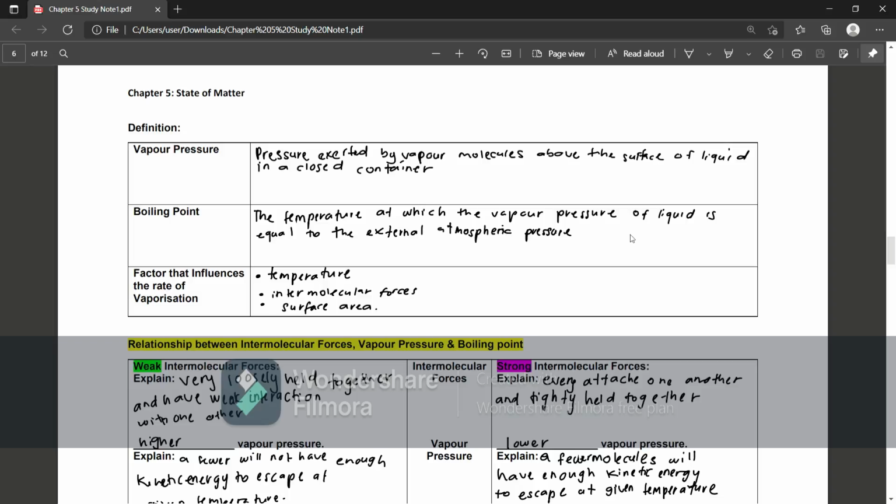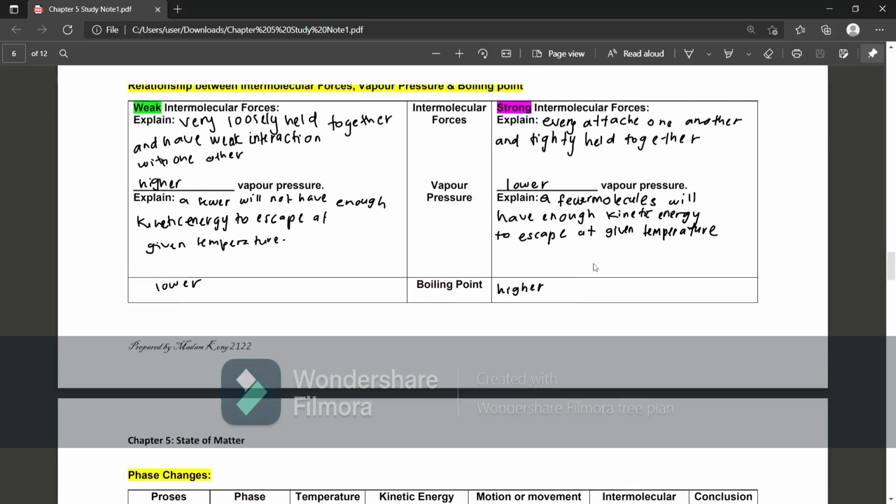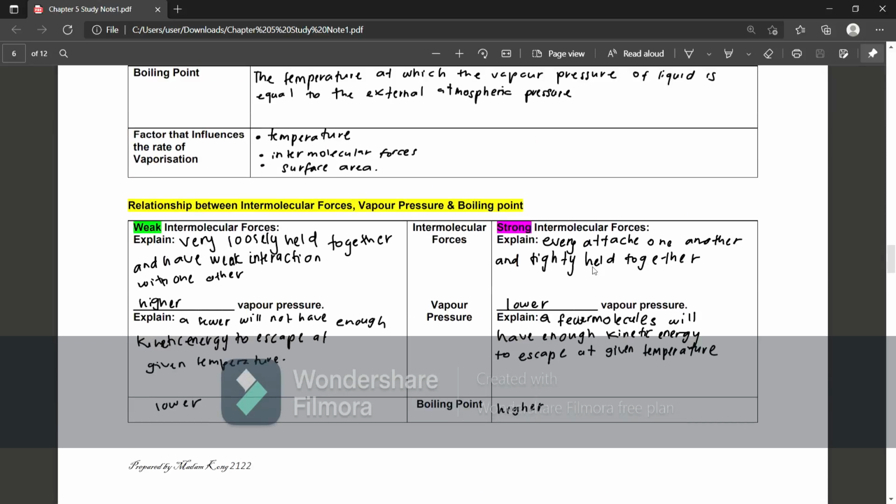The relationship between intermolecular forces, vapor pressure, and boiling point. Weak intermolecular forces: molecules are very loosely held together and have weak attraction with one another. Strong intermolecular forces: molecules attach to one another and are tightly held together.